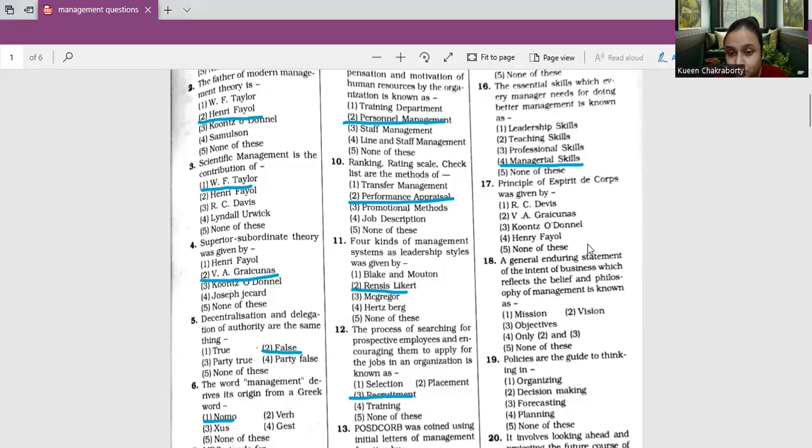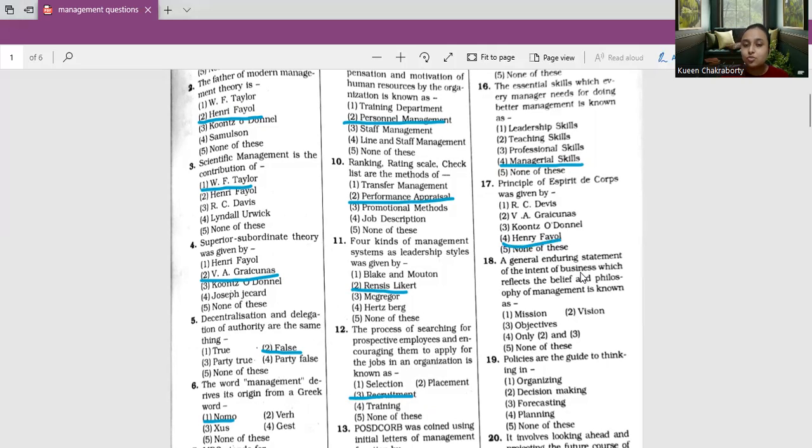Dividing your competition is a clever tactic, but dividing your own team is a serious error. Never divide a team. Dividing the work is better, but team effort is very important, which is the key concept of esprit de corps. So we have the correct answer as Henry Fayol.